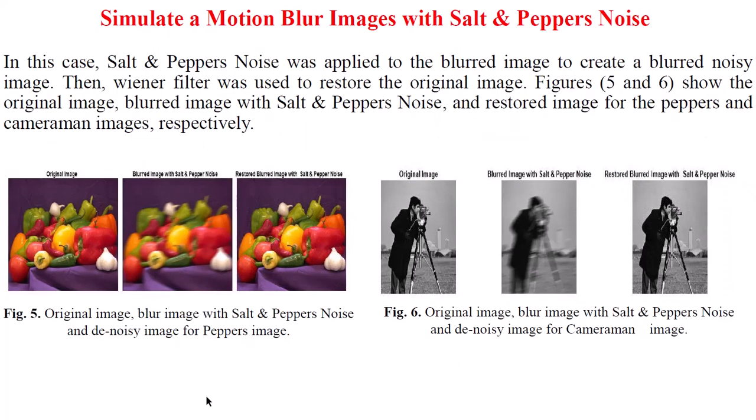Also, in case 3, we take two images, the cameraman image and the paper image. Then we add the second type of noise, which is salt and pepper noise. We add this salt and pepper noise to the blurred image.